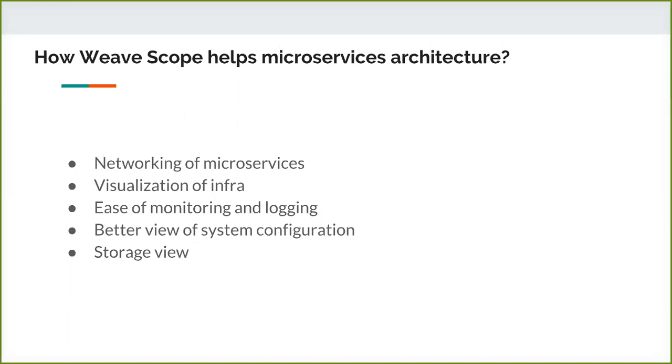Then you also want to see how your different infrastructure components are behaving, such as storage, your network, plus all the Kubernetes resources which are there in your system. Okay. WeaveScope also solves the problem of monitoring and logging. How you can do the monitoring and logging, I will quickly demonstrate soon. And you can see a better view of system configuration.